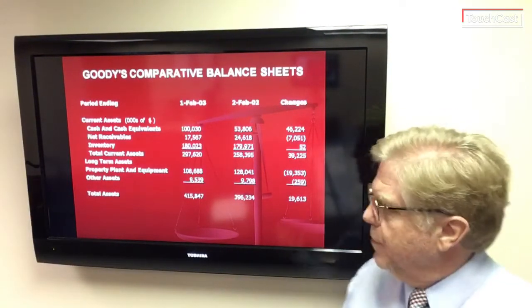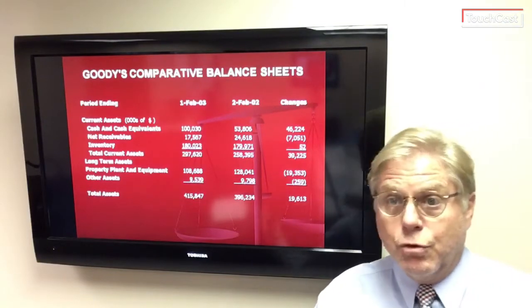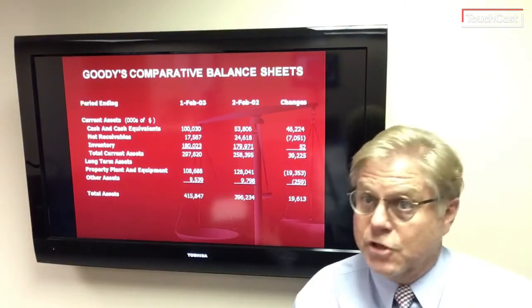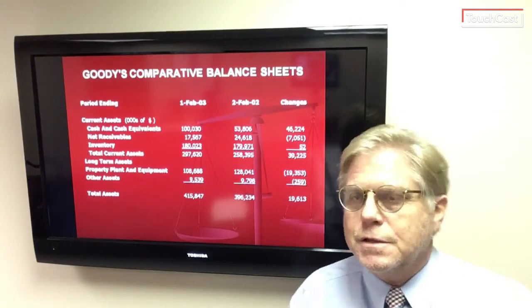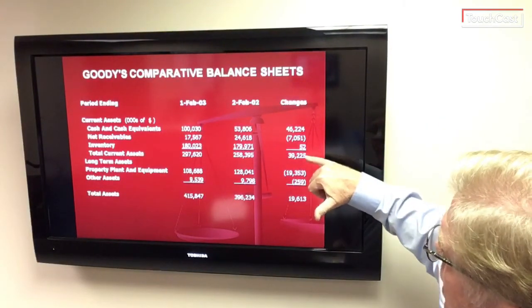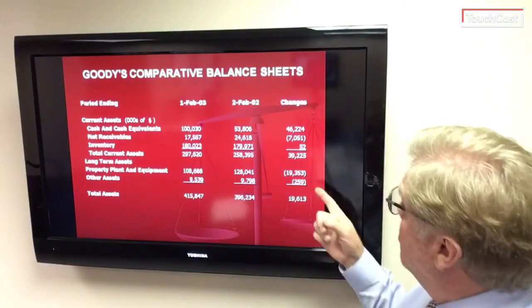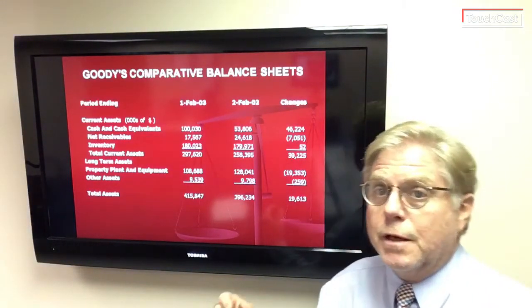So one thing we see from this, again, is that the company grew $19.6 million. Most of that growth, actually all of that growth, took place in current assets, $39.2 million, while PP&E actually fell by $19.4 million.